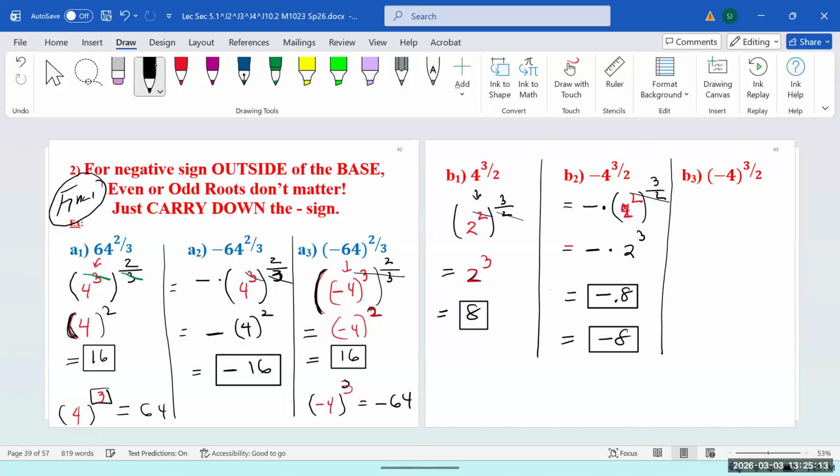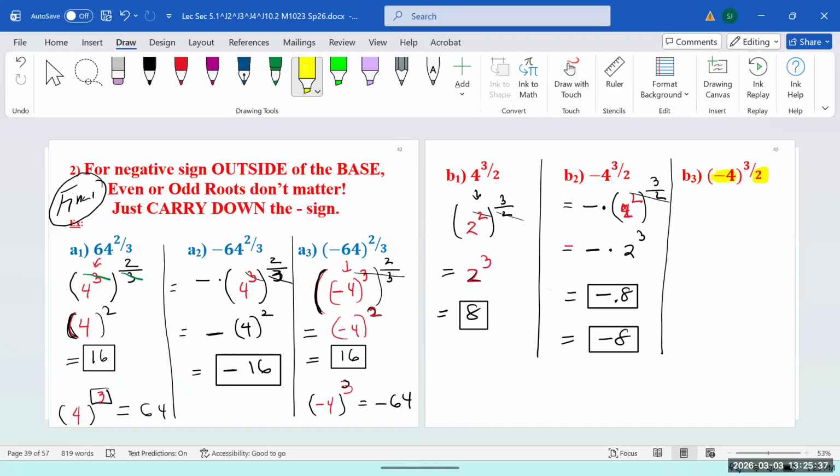The last one. Volunteer for the last one. Lady. Good job. How do you know? See, all you have to do is look at the denominator, even, but what is our base?